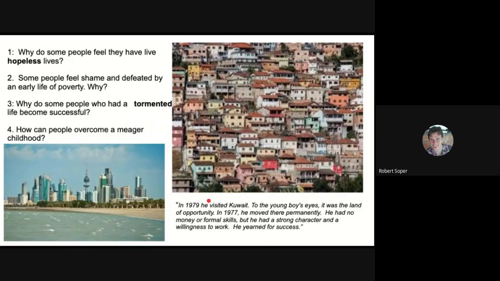So he developed this dream in his mind that he would want to get there, and then he would have opportunity. As a result of that, he became very hardworking because he wanted to see his dream come into reality. So, a big part of escaping or overcoming a meager childhood is having a dream or a goal about a better life.